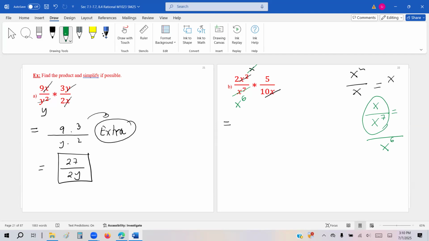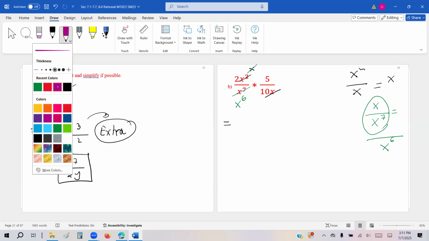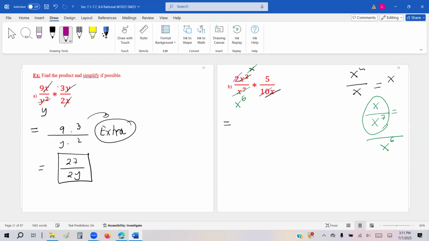And now you have no more x to cancel, so you look at the numbers. By observing the numbers, can you cancel anything? Really? 2 goes to 10 how many times? 5 times. 5 over 5 cancel. And now you have 5 and 5, they cancel.